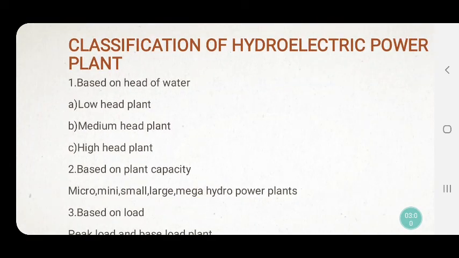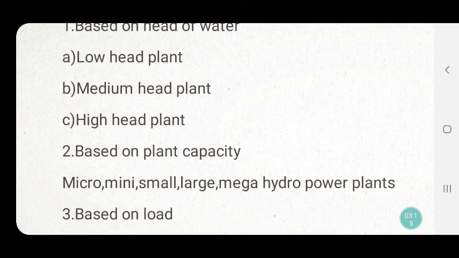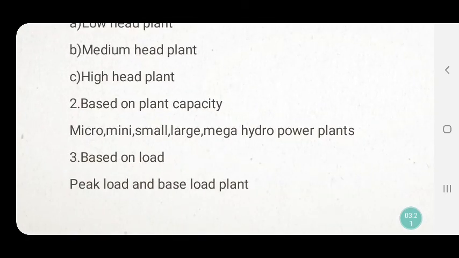In a low head plant we can use a Francis turbine or a Kaplan turbine, and in medium head also we can use a Francis turbine. Next, in a high head power plant we can use a Pelton turbine.